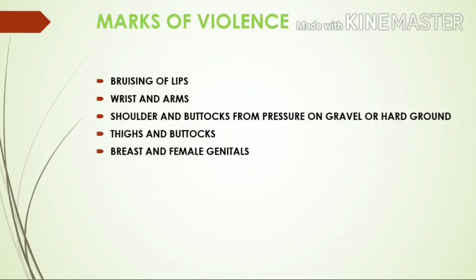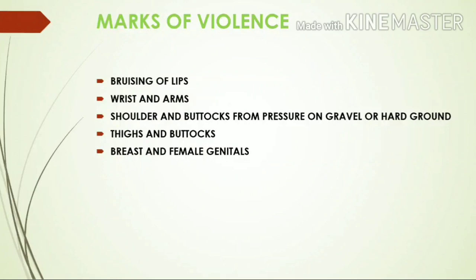Marks of violence, especially bruises and scratches, may be found on the mouth and throat, produced while preventing her from calling for help. Bruising of the lips and even tearing of the inner aspect may be found due to blows or rough handling. The marks can also be found on the wrists and arms where the accused man seized her forcefully.